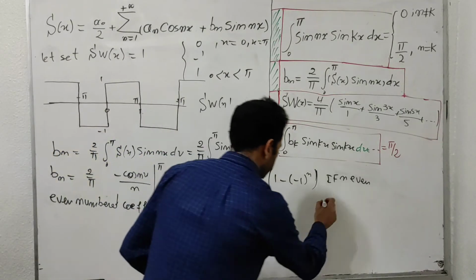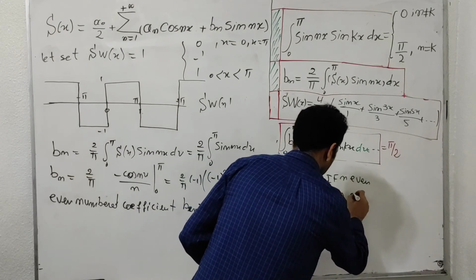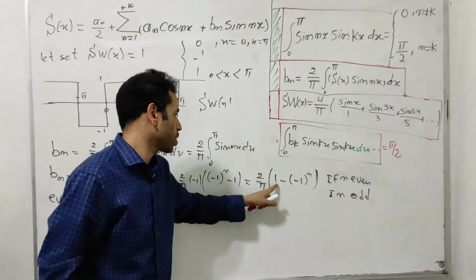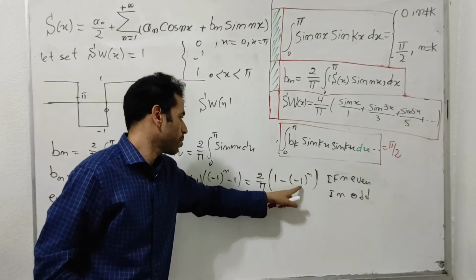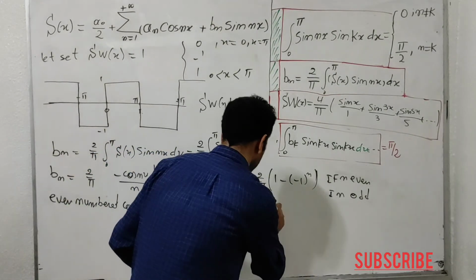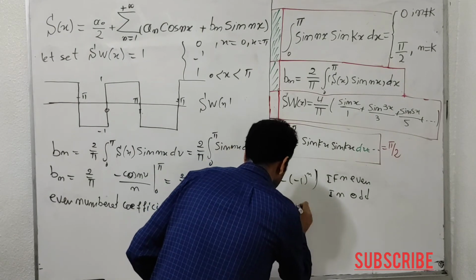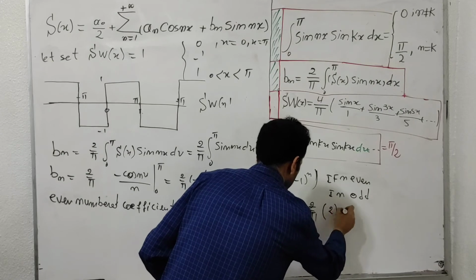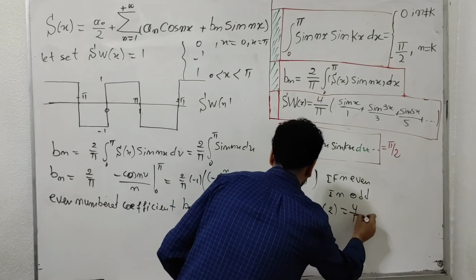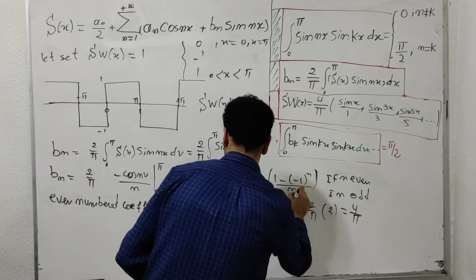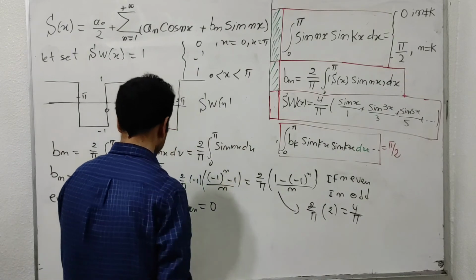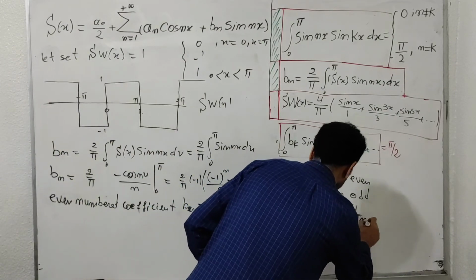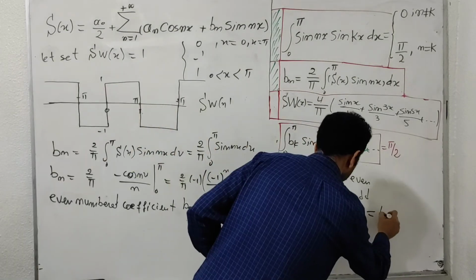If n is odd, this one turns to minus 1, so 1 minus (-1) equals 2. So if it's odd, this turns to 2 over pi multiplied by 2, which is 4 over pi. Don't forget we have n, because this is divided by n: 4 over pi n. This is the value of b sub n.